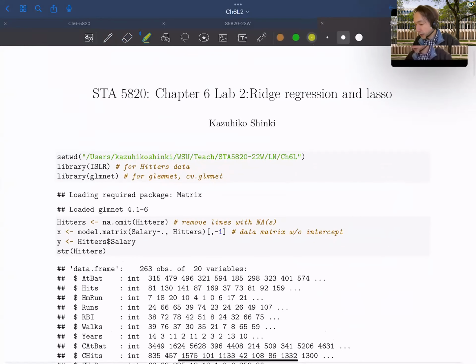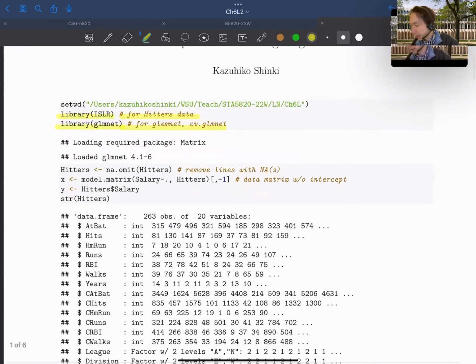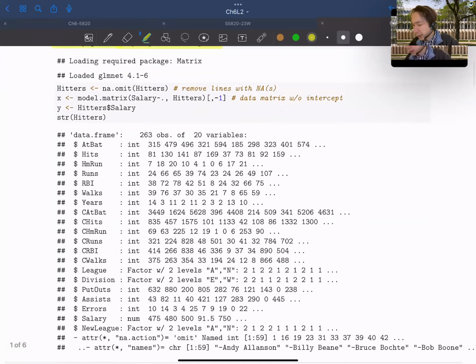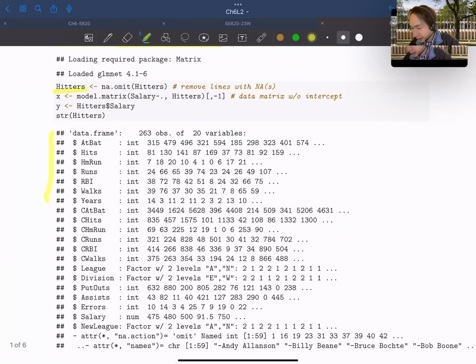First, the library ISLR, this is basically for data. We are using the Hitters data from baseball. And the library glmnet, this is for fitting lasso and ridge regression. You have to download and install this.